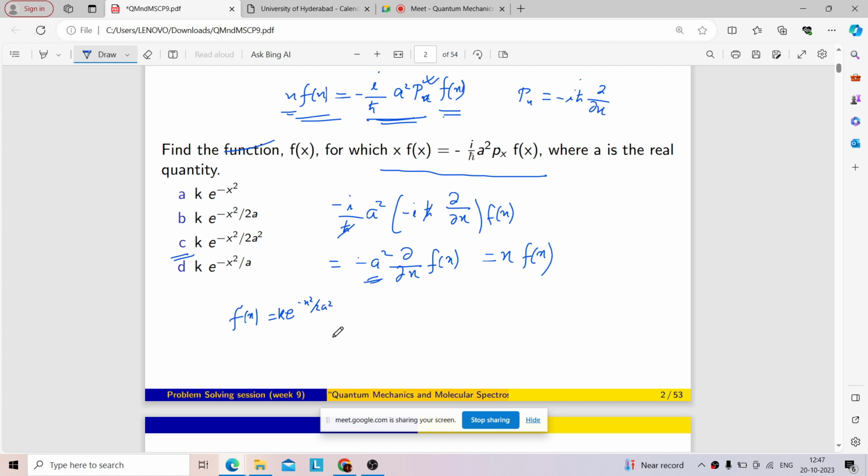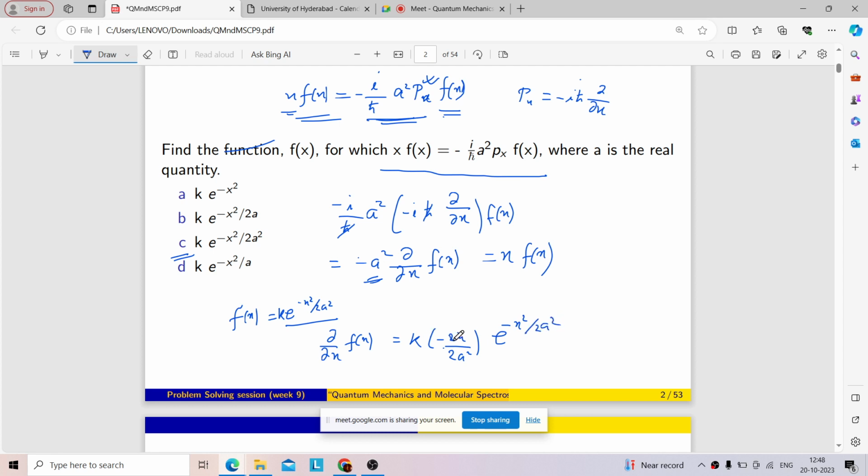Now doing del over del x of f of x, this will give us k times the derivative of this, so minus 2x over 2a square times e to the power minus x square over 2a square.